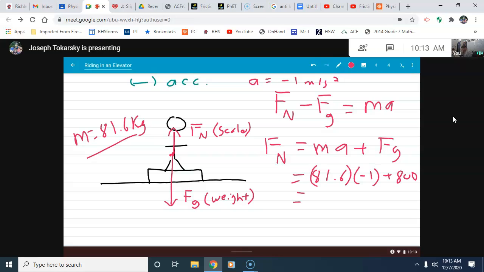So instead of feeling heavier and adding a number onto 800 like we did for positive acceleration rates in the last scenario, we actually subtract off because of that number being negative, and this person feels lighter. The normal force or scale reading will read only 718 newtons for a moment.